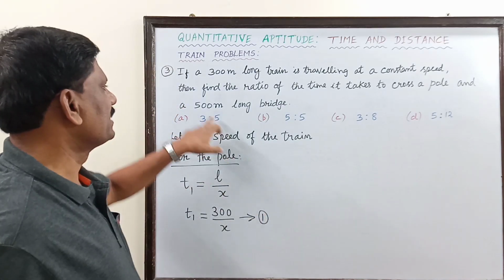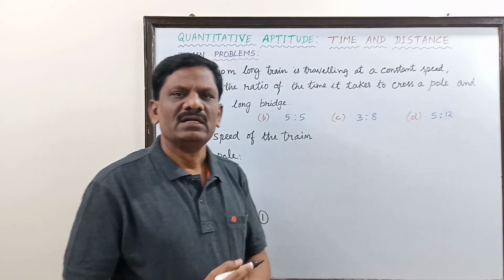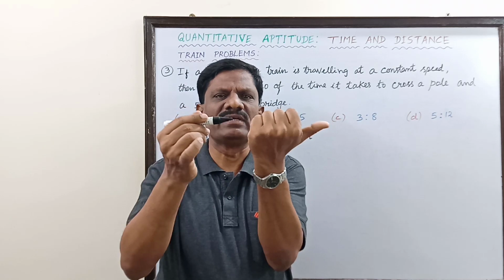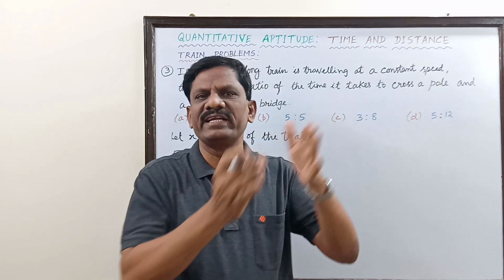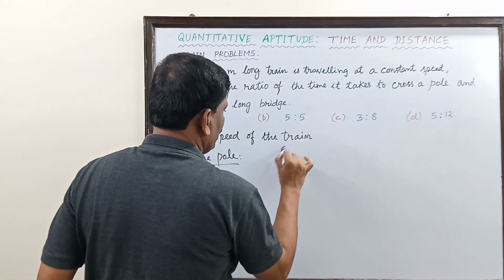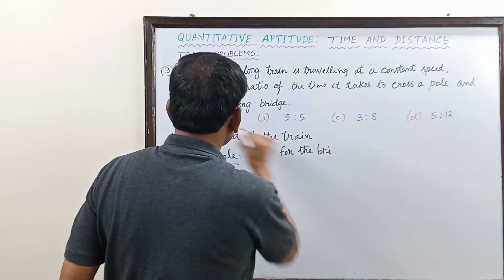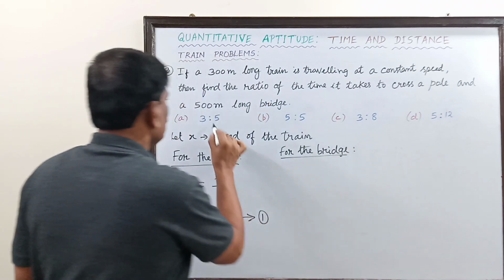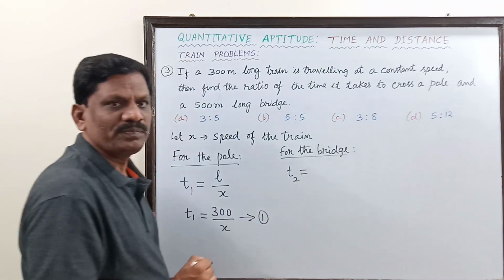Next, it is crossing a bridge whose length is 500 meters. So already the train has a certain length and then the bridge also has a certain length. So the total distance covered is equal to the length of the train plus the length of the bridge. So in the second case, for the bridge whose length is 500 meters, let us take the time taken to cross the bridge as t2.